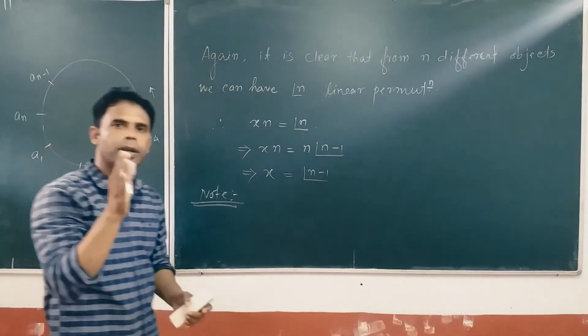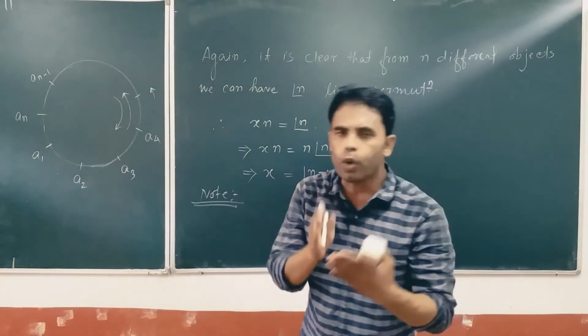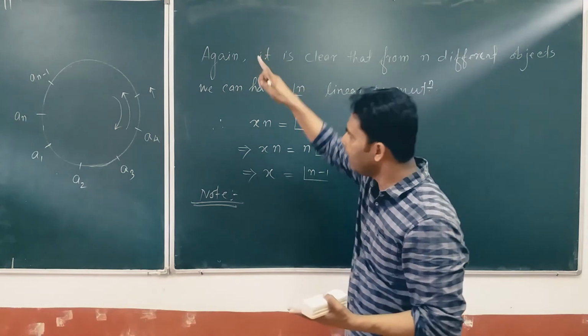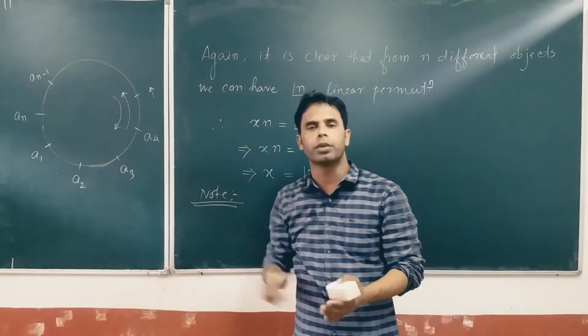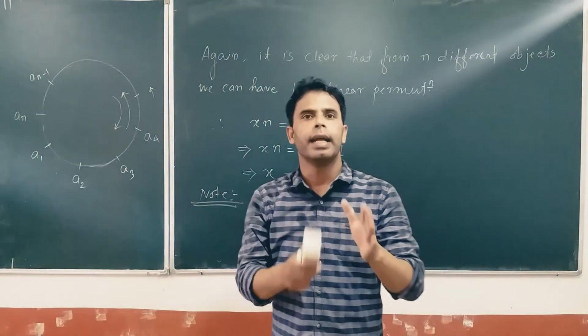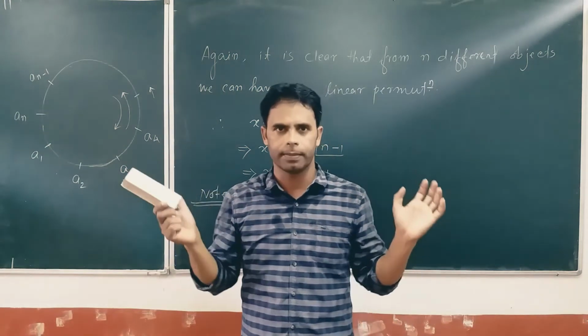So in circular permutation it is obvious that clockwise and anti-clockwise they will be considered as different arrangements.